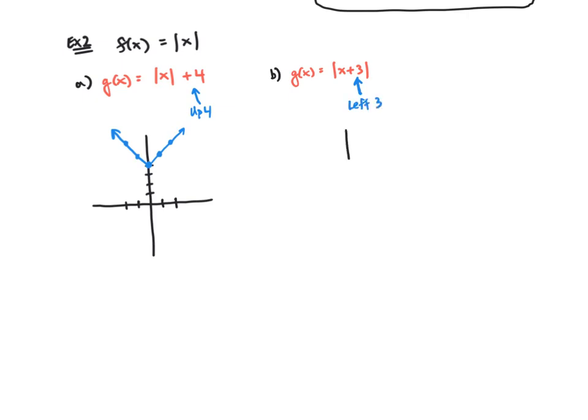So when I graph this one, I'm going to shift it 3 units to the left, and that's where my vertex is going to be. Then the absolute value graph again goes 1 over, 1 up on both sides, and 2 over, 2 up on both sides. So these are going to be my 5 basic points, and it's going to make my V graph.